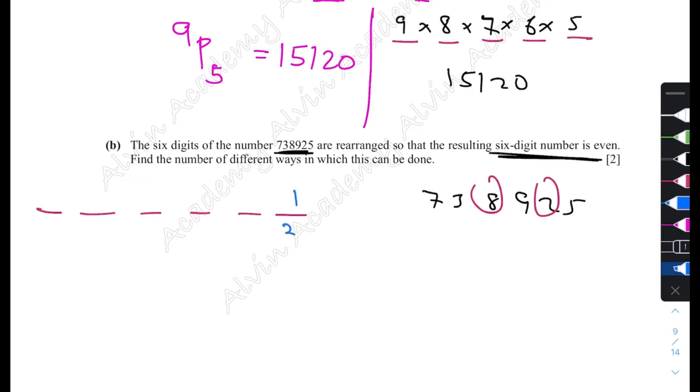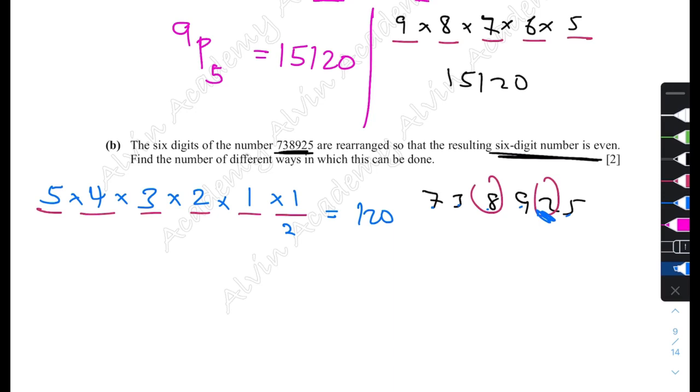If it ends with 2, there's only one way to get 2. Then those 5 slots could be filled: any of the 5, the remaining 4, the remaining 3, the remaining 2, the remaining 1. We put multiplication signs between them: 5 times 4 times 3 times 2 times 1 times 1, giving us 120.